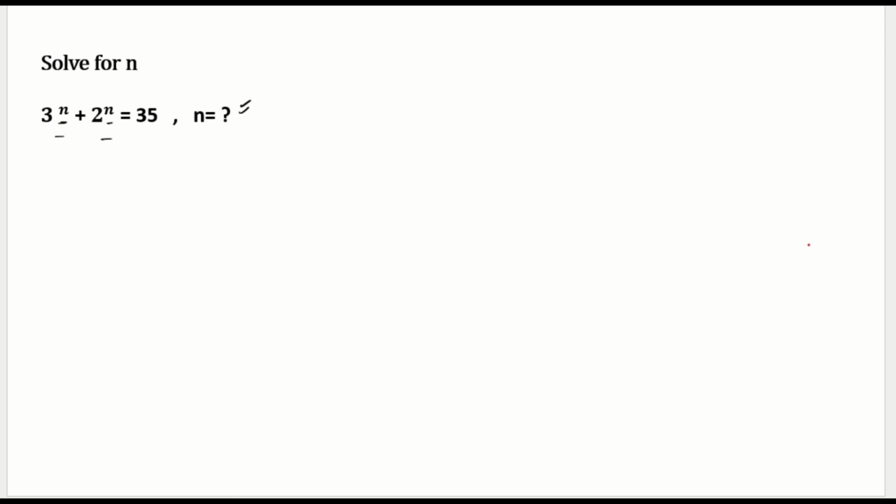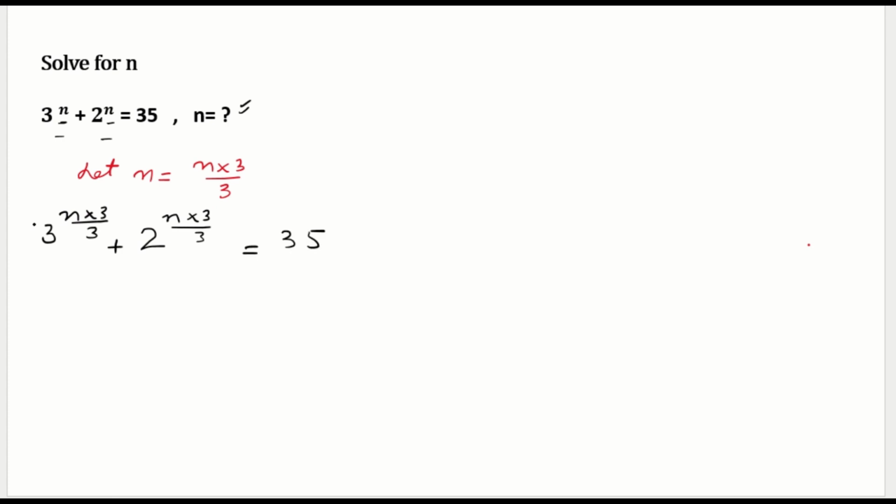So instead of writing n here, we can substitute another value for n, which we can write as n multiplied by 3 over 3. These both expressions are the same. We can divide and multiply with the same number, so we will substitute this value for n, and we can write 3 to the power n times 3 over 3 plus 2 to the power n times 3 over 3 is equal to 35.